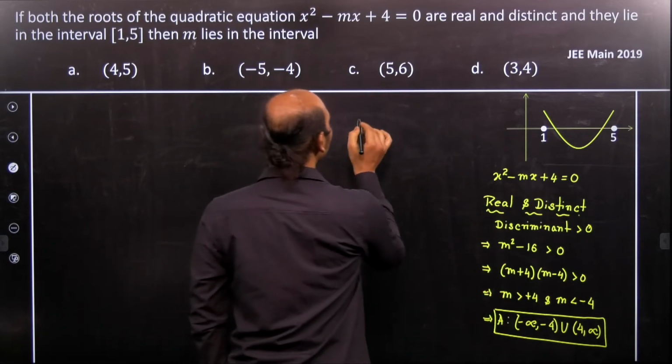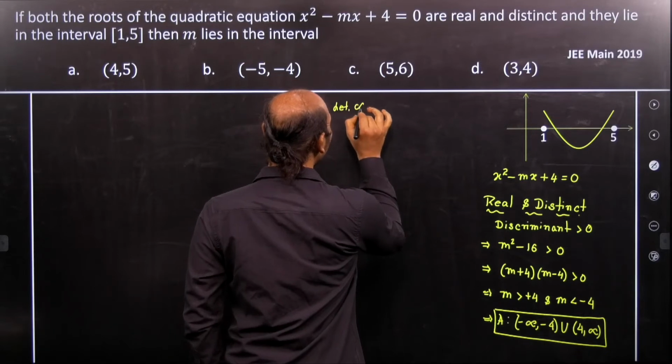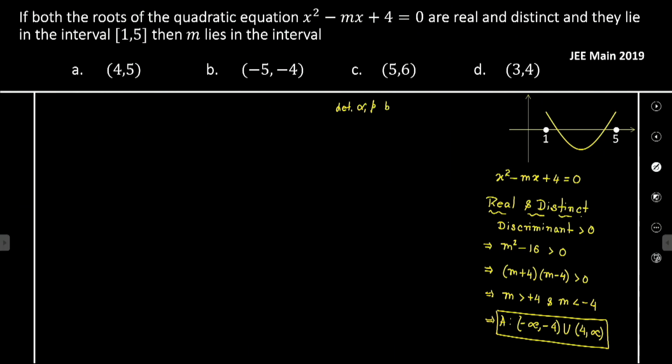So let's apply that. Let alpha and beta be the roots. Now as 1 less than or equal to alpha, beta less than or equal to 5, we can easily say that 1 less than or equal to (alpha plus beta) divided by 2 less than or equal to 5.